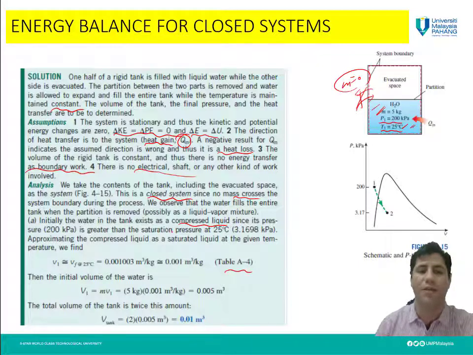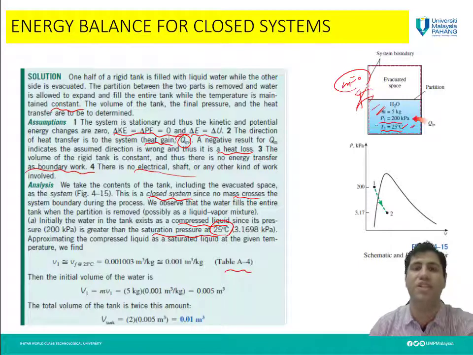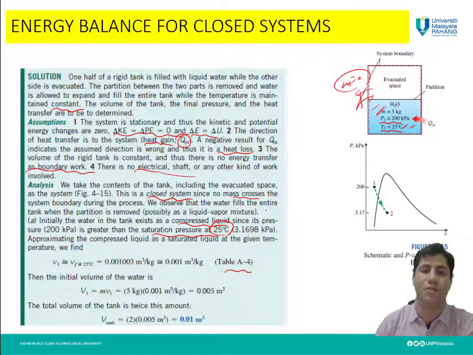Why? Because its pressure, 200 kilopascal, is much greater than the saturation pressure at 25 degrees Celsius. So what we have in the initial state is compressed liquid. We don't have any mixture here, and we don't have saturated liquid either.